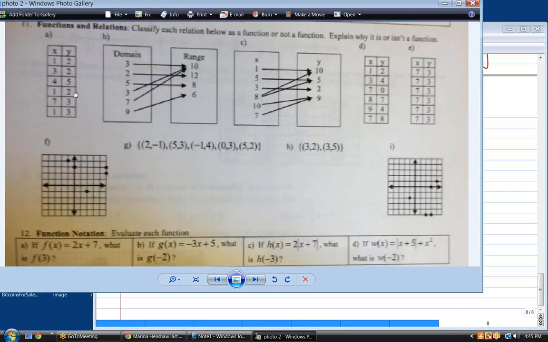So would I say for the explanation that no, it is not a function? Explain why it isn't or why it is. And we just did that. It's not a function because for an x value of 1, there are two different values for y.